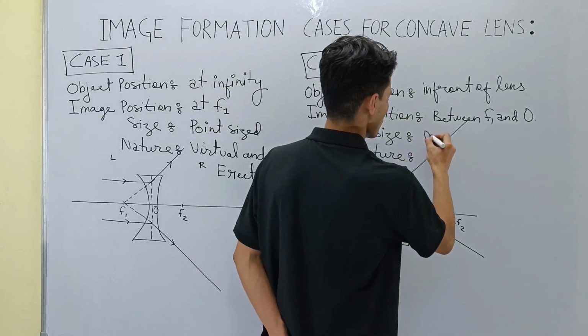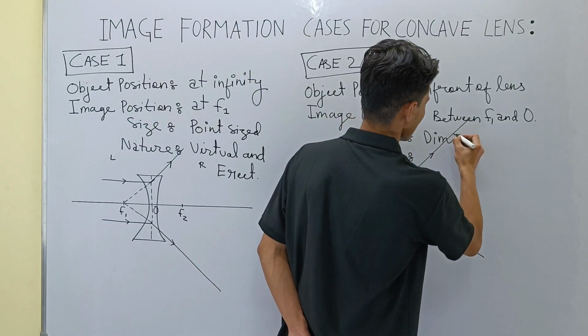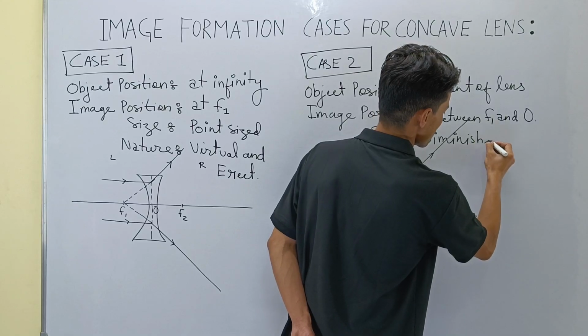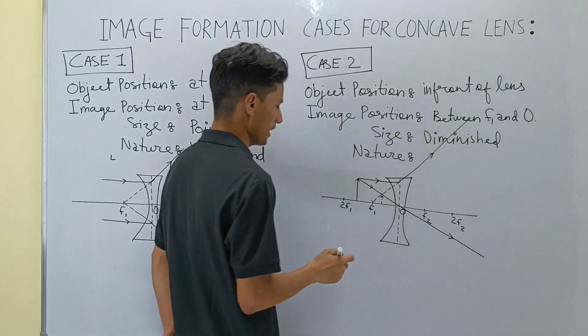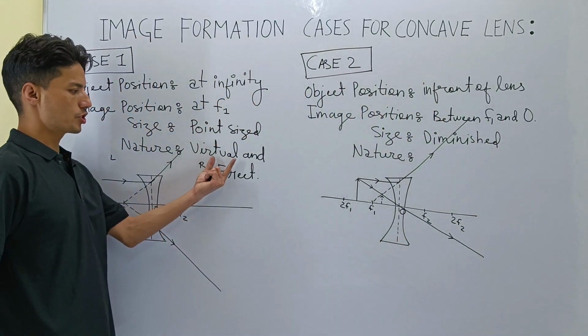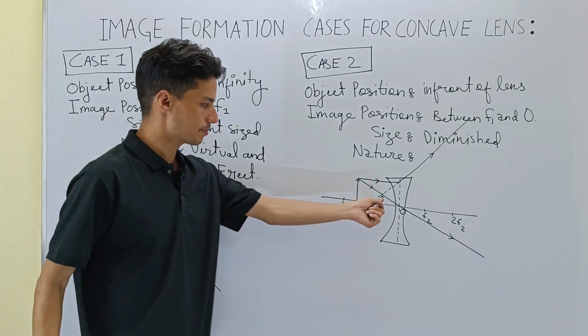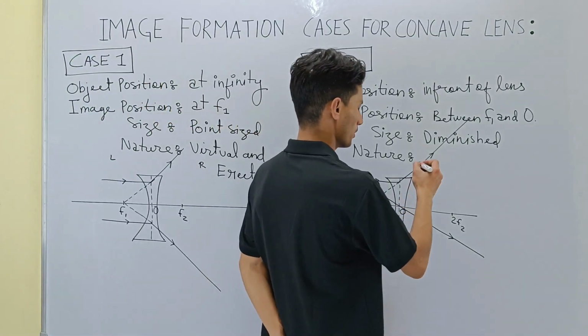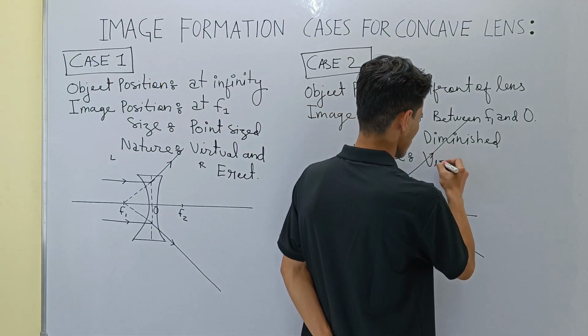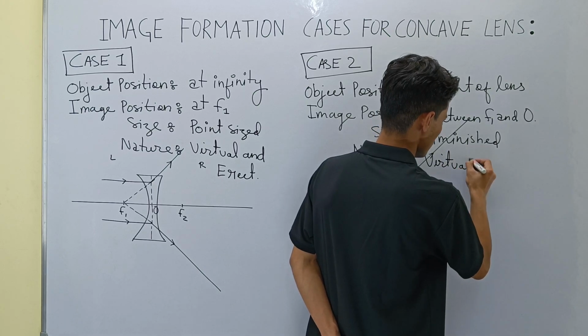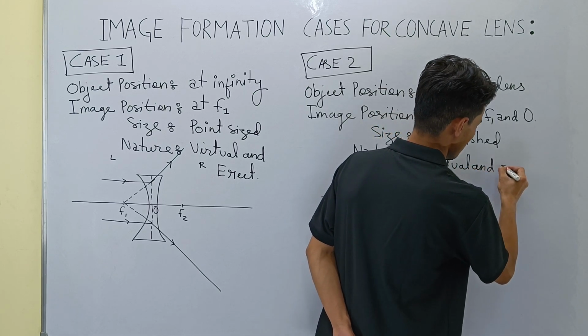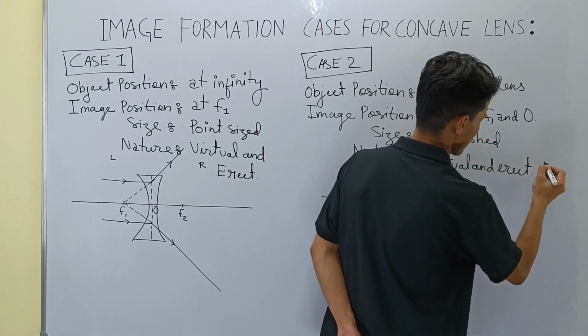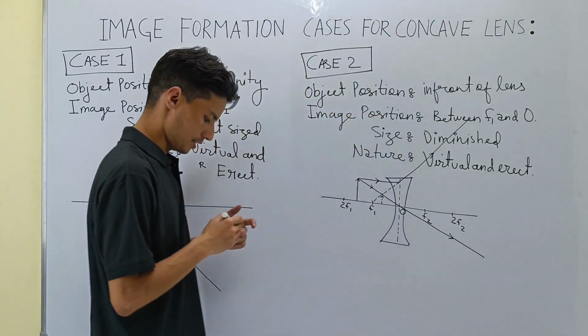We write diminished, we don't write small; the word small is substituted by diminished here. And nature is virtual and erect. It's an erect image, so it is virtual and erect. So that's it, class.